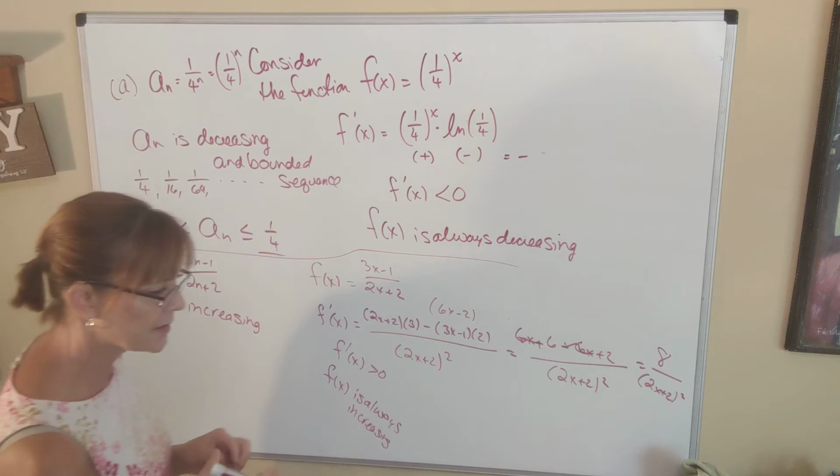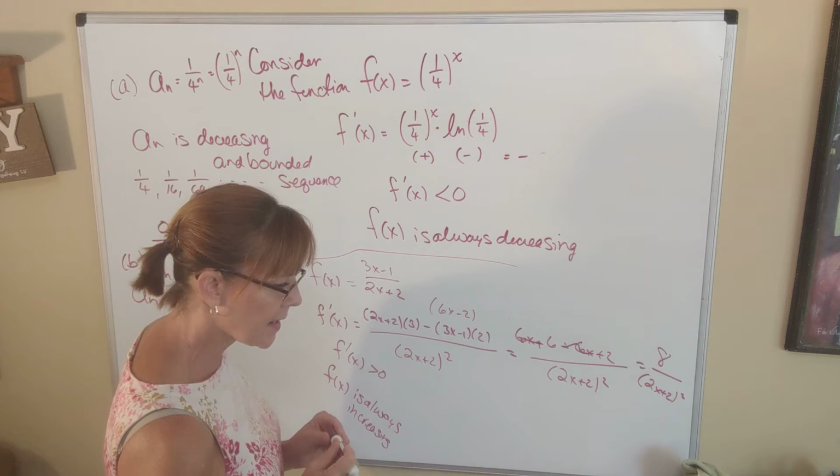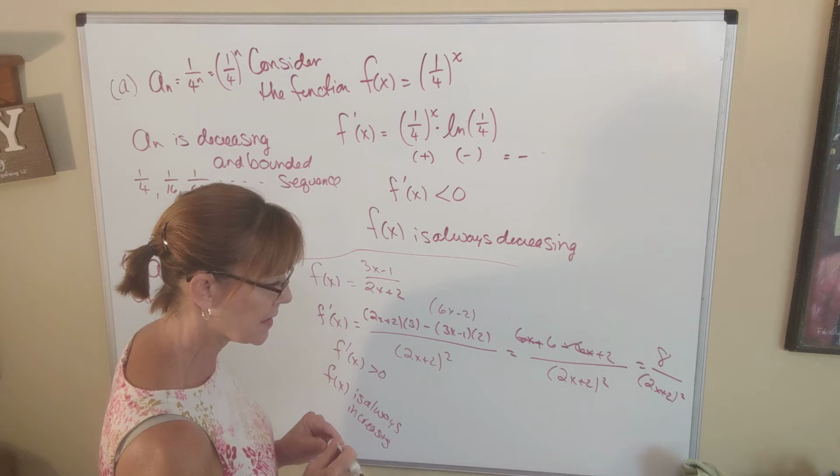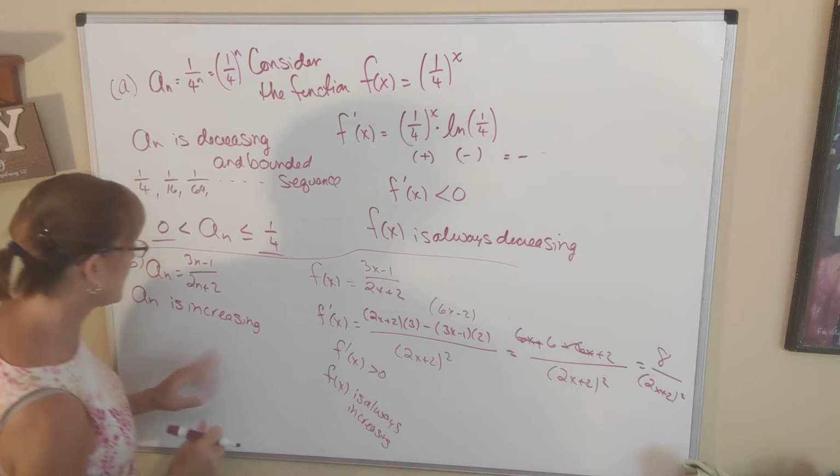Is it bounded? All right, how are we going to figure this out? Well, let us list some terms and see what we can come up with. We know that this is increasing.